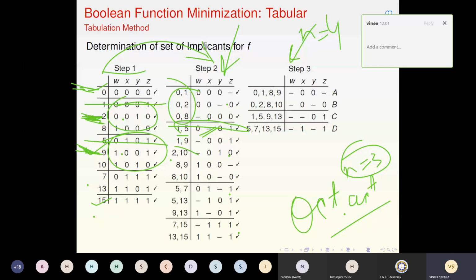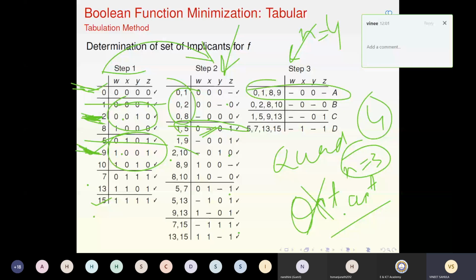Octet means 8 minterms combined. This is actually a quad, not an octet, with 4 minterms combined. It could go to step 4 potentially, which would be required for an octet, but there is no octet here. So this is what we have identified.